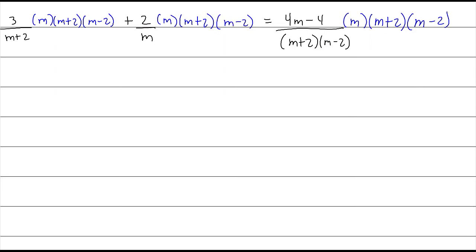Now we'll cancel stuff out and clean this up. On the first one, m plus 2 will cancel out. On the second one, m and m. On the third one, m plus 2, m minus 2.